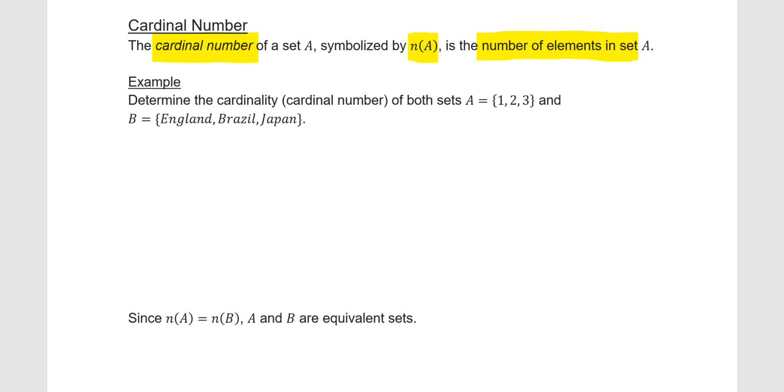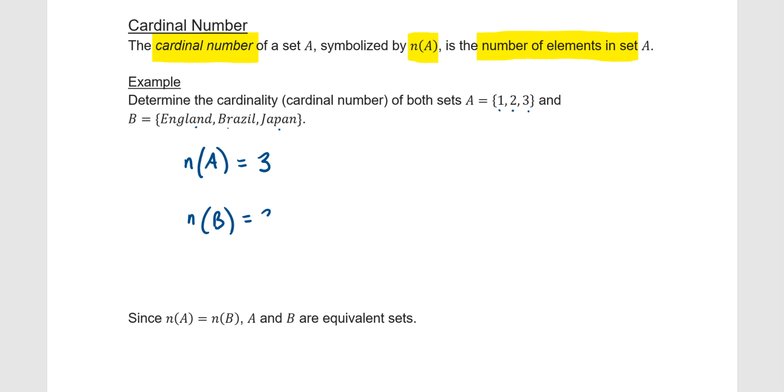So let's look at set A here. So we're looking for the cardinal number, the cardinality of set A, so we can write it using the symbol. It represents how many elements are in the set. There are 1, 2, 3 elements in set A, so that means the cardinality is 3. Similarly for B, the cardinal number of set B, we're looking for how many elements are in here. 1, 2, 3.